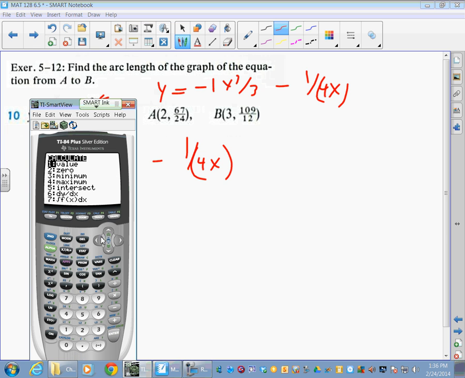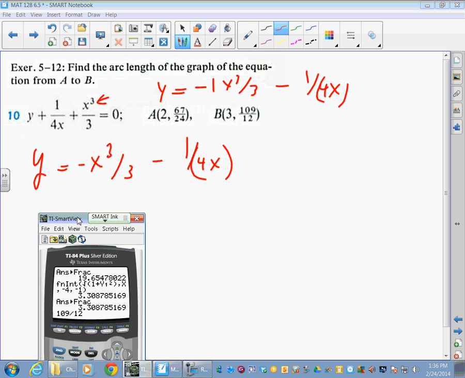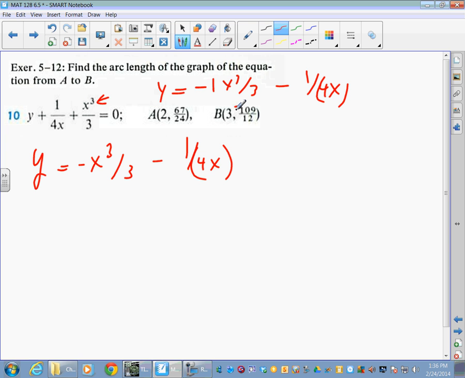Second, calculate the value. That's 3, that's a negative number. Negative 9 divided by 12, that's right. So this has to be negative. That has to be negative. Yeah, I can't put in 2 positive numbers for x and y. Something has to be negative.